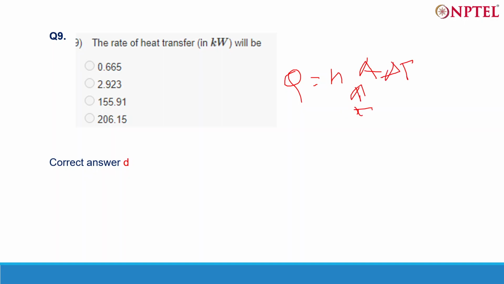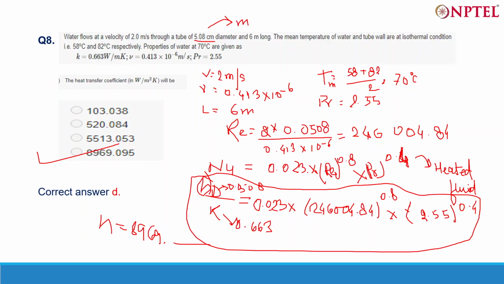A equal to pi D into L. You know pi value, D value, and L value, and del T is given here, 82 and 58. So del T is the difference between these two.